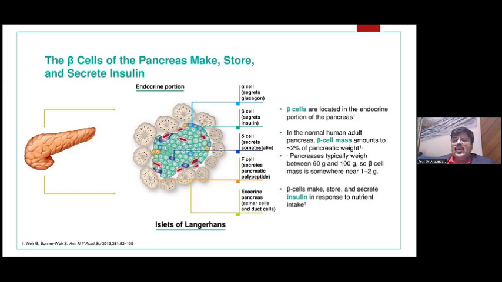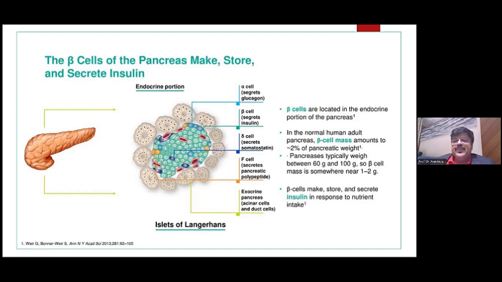So beta cells are located in the endocrine portion of the pancreas. In the normal human adult pancreas, beta cell mass amounts to less than 2% of pancreatic weight. The pancreas typically weighs between 60 grams and 100 grams, so beta cell mass is somewhere near 1 to 2 grams.